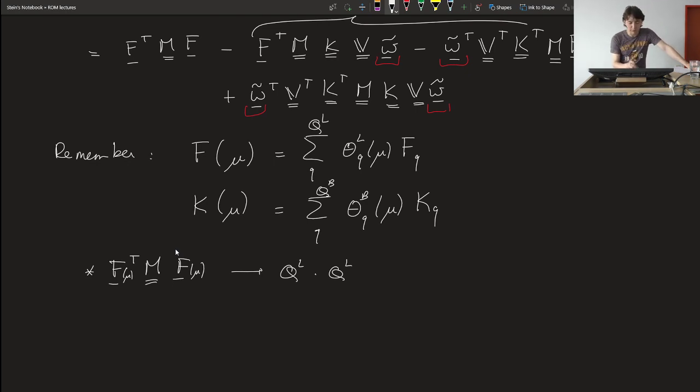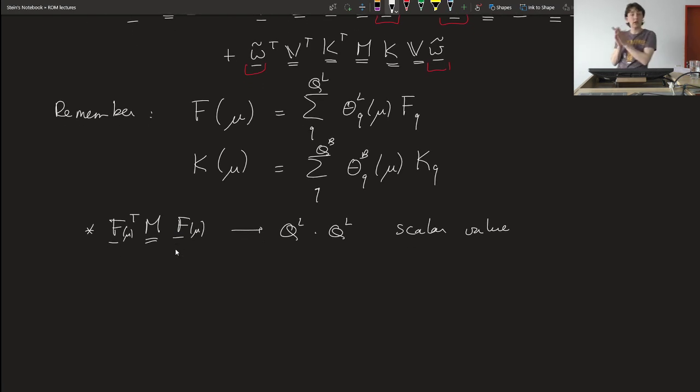But what am I actually computing? For each of the parts in the series expansion, I'm just getting a scalar value. So I'm getting QL times QL scalar values. Each of the scalar values is still dependent on this theta, but for a new parameter point, I can simply compute the thetas and multiply those by these pre-computed expressions, which are just scalar values.